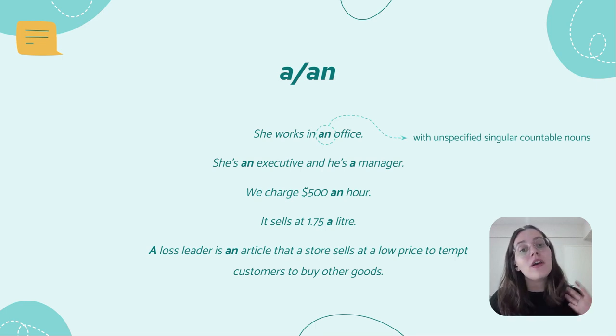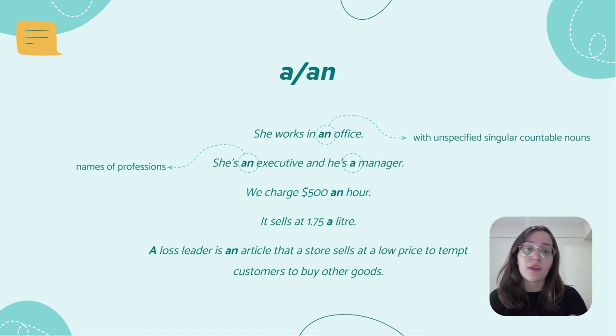And in terms of how it functions or which elements it accompanies or modifies, we need to use it with countable, singular, most importantly, countable nouns. So we're going to use it to talk about professions, the names of professions, an executive, like one of a kind. I'm referring to a category.